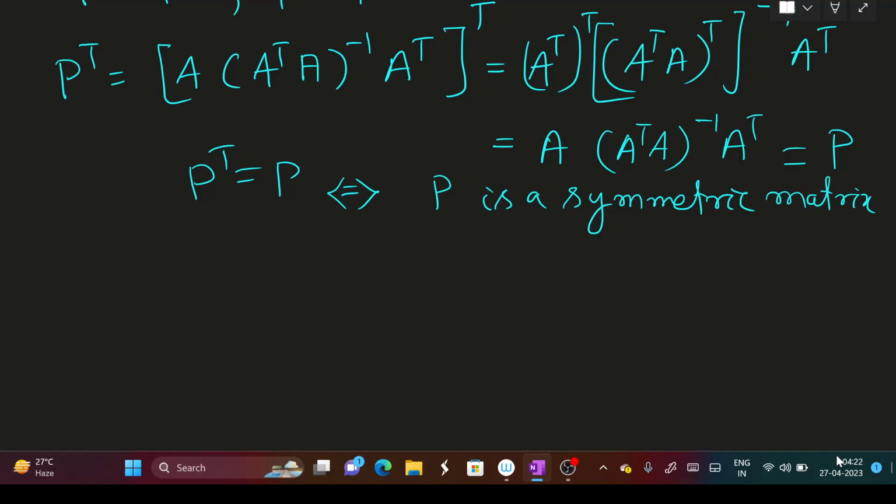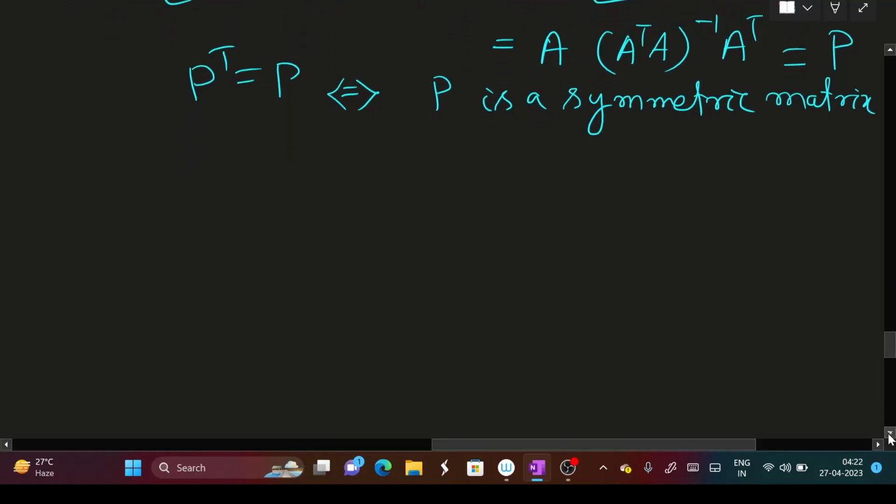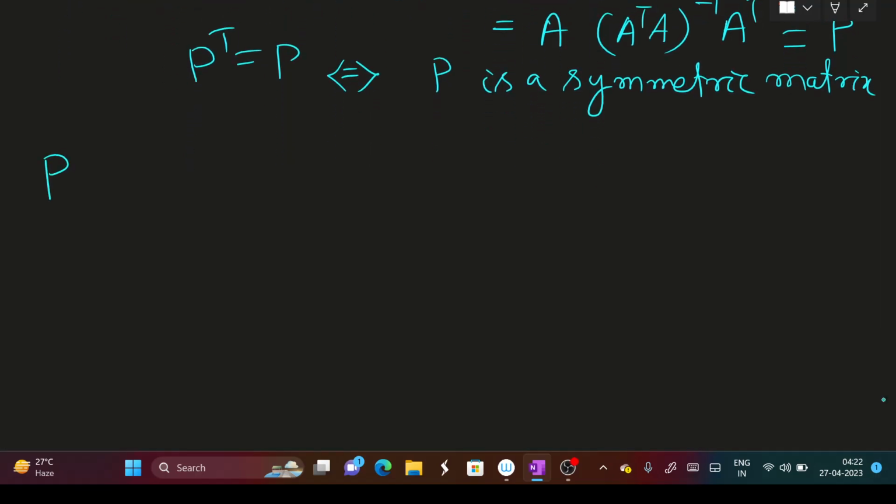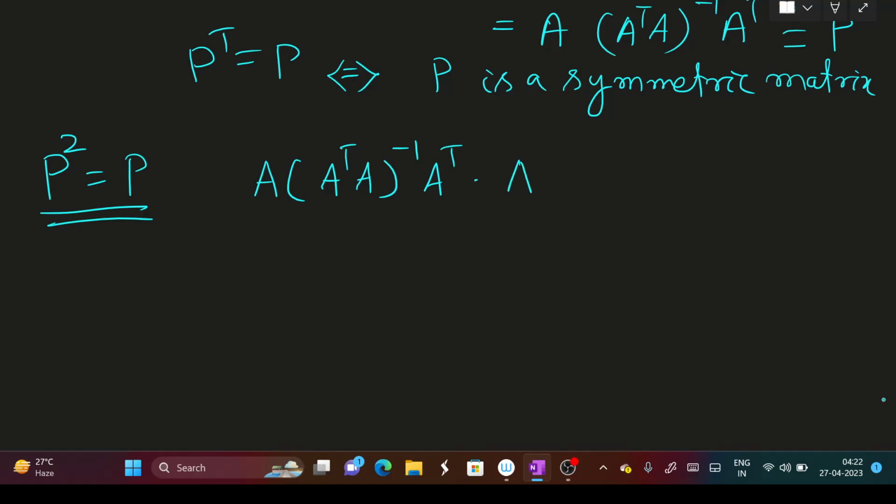Okay, what is the next part we want to do? That is P square is equal to P. This we want to prove. So what is P square? It is A A transpose A whole inverse A transpose, this is P, into A transpose A whole inverse into A transpose.